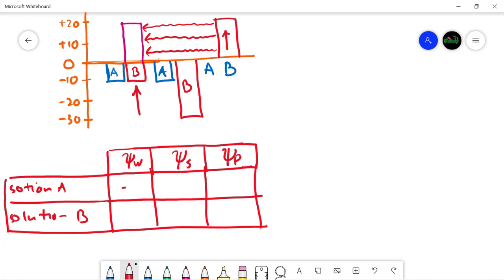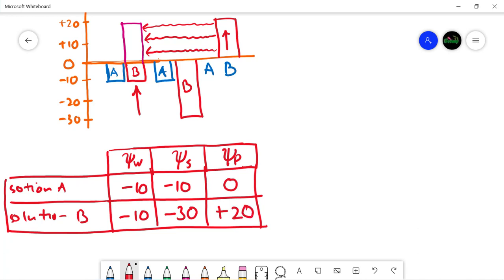Solution A was minus 10, and the water potential of solution B has also become minus 10, whereas their solute potentials remain unchanged, minus 30 and minus 30. In solution A there is no pressure potential, but in solution B we have developed a pressure potential of 20 bars.